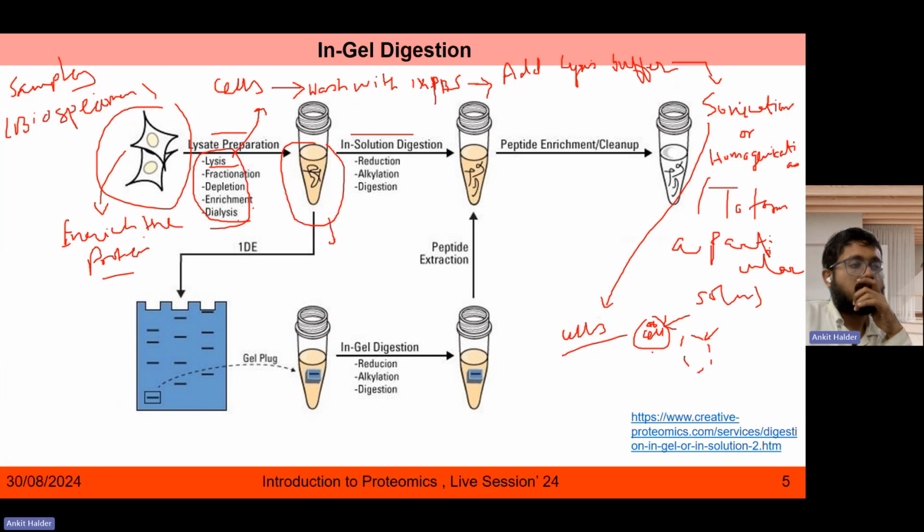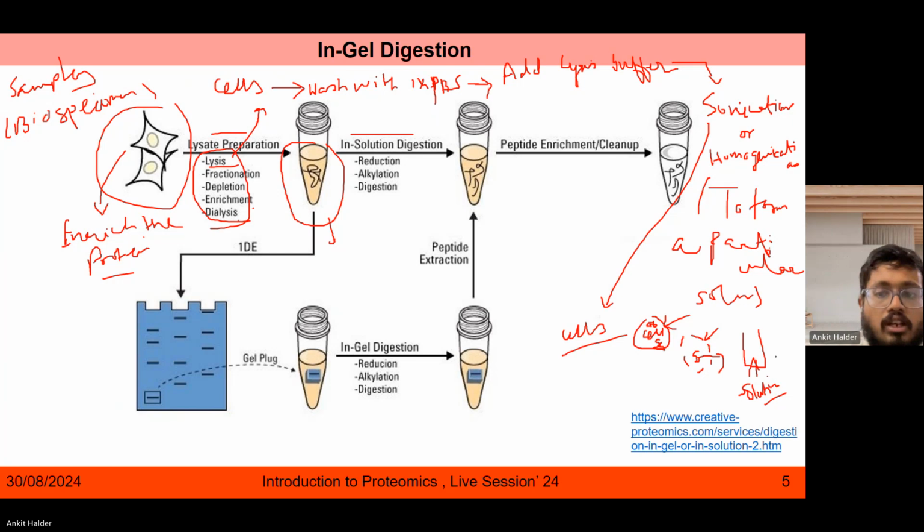Here all the proteins are there, and these proteins will be coming out in the form of solution. So proteins are in the solution. Once you have the proteins in the particular solution, then you take it. So now this is the step we have for our protein, right?